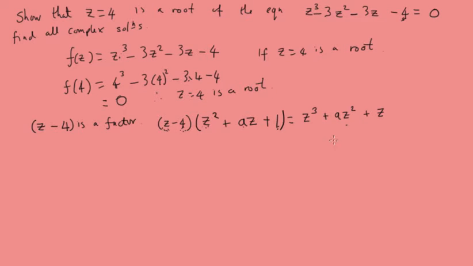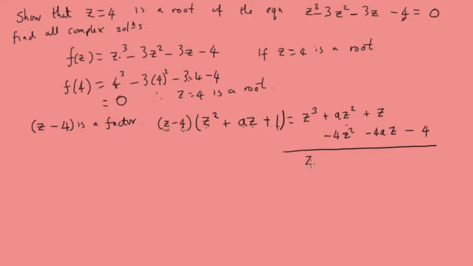Minus 4 is going to be minus 4z squared. Then minus 4 times az is going to be minus 4az, and then minus 4 times 1 is just going to be minus 4. Now we can add them, to get these two bits together.